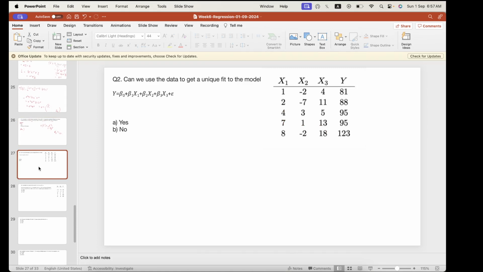The next question is, can we use this data to get a unique fit to the model? So how do we do it? Let us first find out if there exists any dependency between X1, X2 and X3.